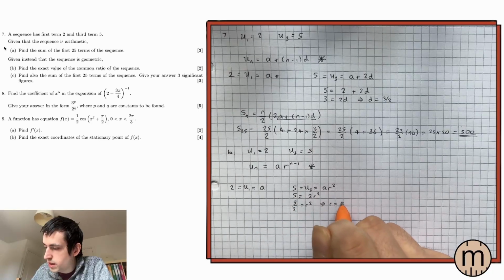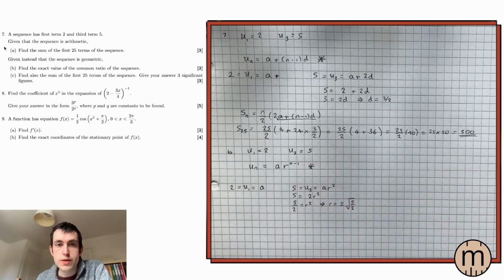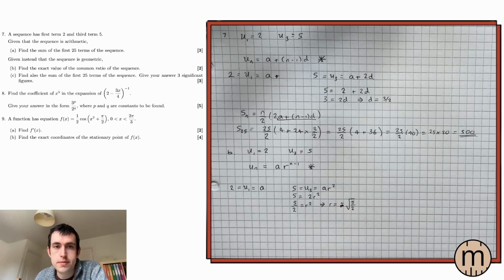So r is going to be plus or minus root 5 over 2. If I look at the question, it doesn't tell us that r is positive or negative. So what I'll do is I'll correct that question afterwards and I'll make sure that r is going to be positive. And in part C, we need to find the sum of the first 25 terms of the sequence.